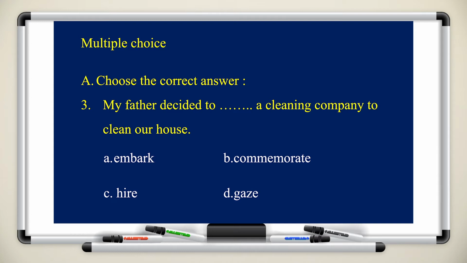Let's take embark, for example, to begin something. How about B? Commemorate. How about C? Hire. Do you remember the meaning of these words? So the answer is C, hire. My father decided to hire a cleaning company to clean our house.